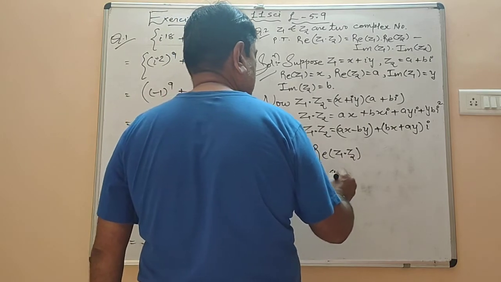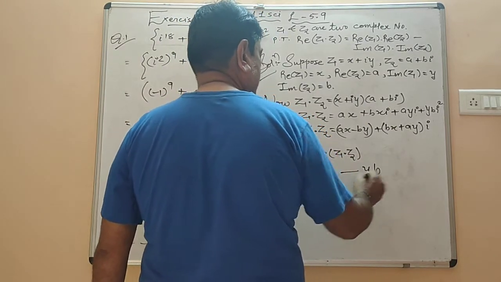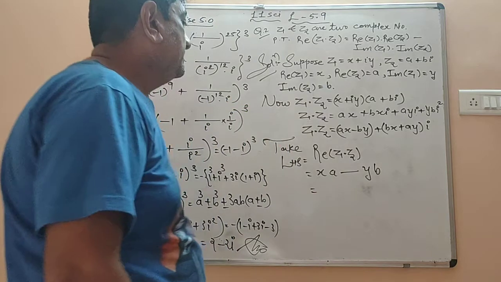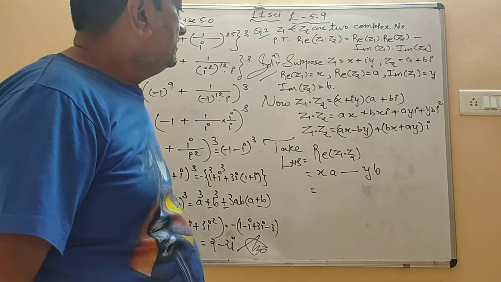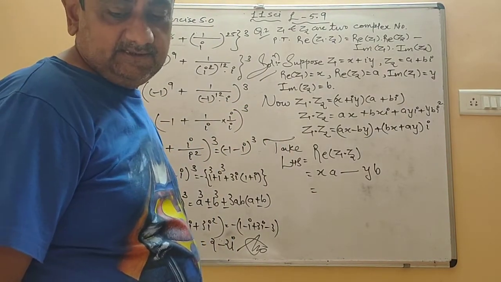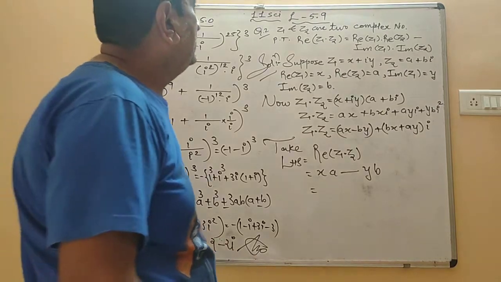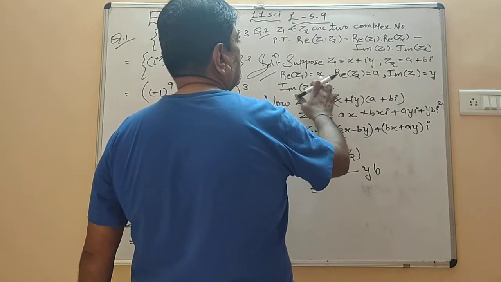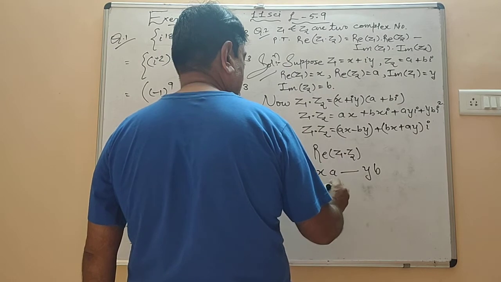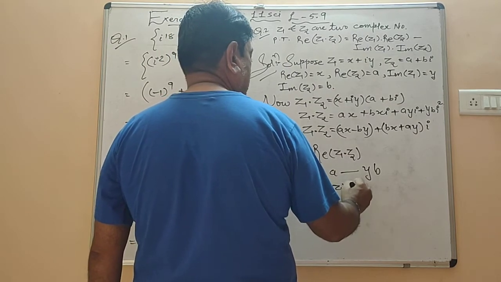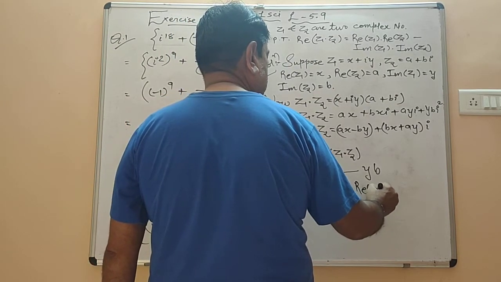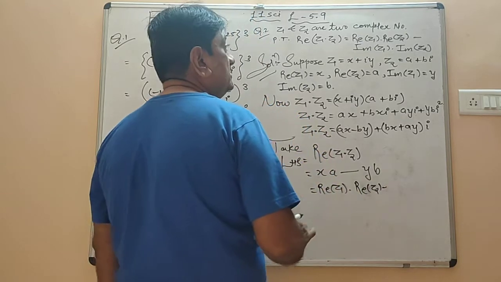It is xa minus yb. अब replacing the value of x, what is x? x कहाँ गया, ये real part of z1 and a is real part of z2 minus what is y?